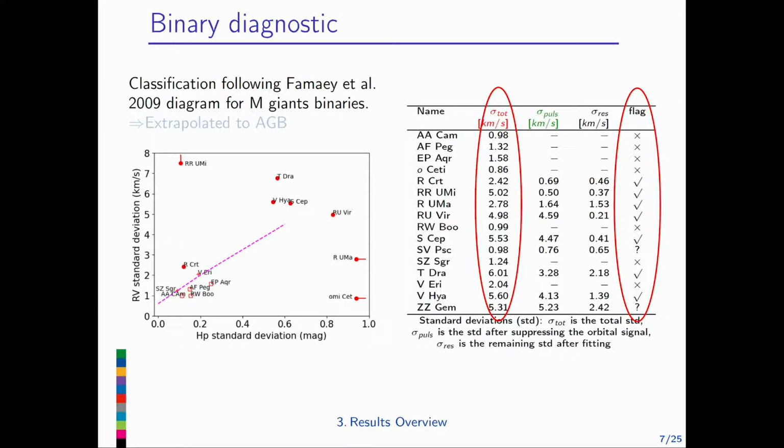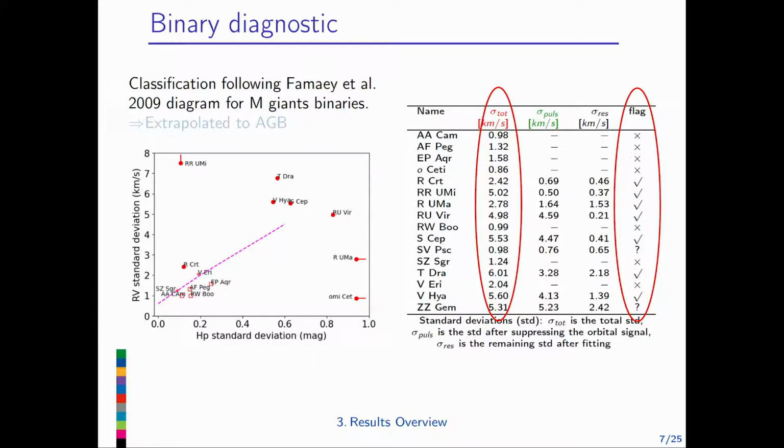But what we can also do with this diagram is, when we fit our function to the radial velocity of the star, we can remove the orbit that we have computed, and therefore obtain the standard deviation after suppressing the orbital motion.